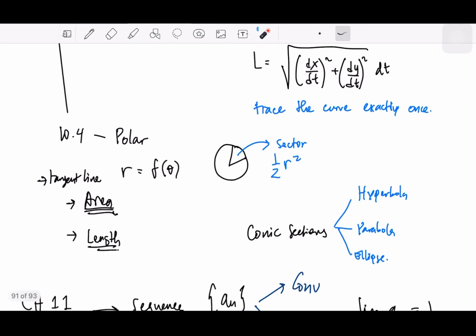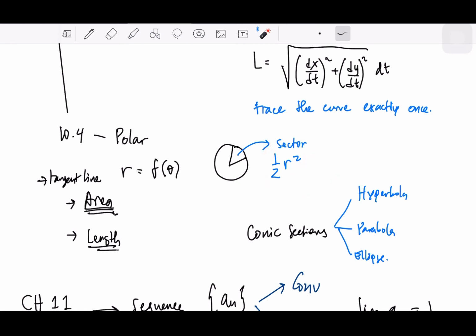And the next one is the polar, 10.4, calculating polar, in which there are several emphasis. Okay, the first is to find the area of a polar curve. We are referencing the sector, so we have the integration of the sector through d theta, and r is a function of theta, right?